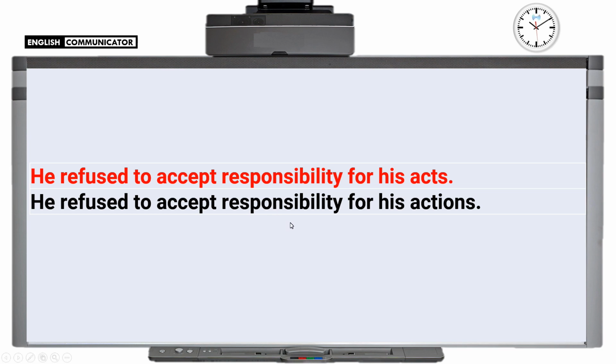So he refused to accept responsibility for his action, not acts. Action means that you have done something wrong in the past and you're responsible for this action. I'm responsible for this action. Okay? Good.